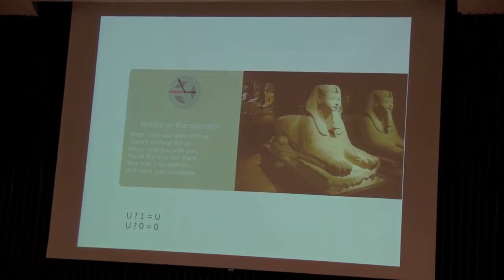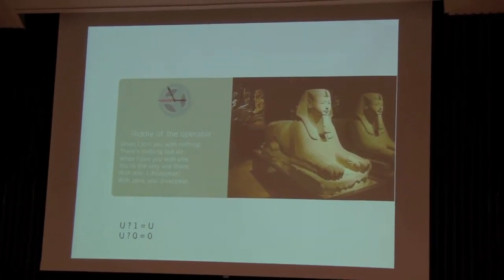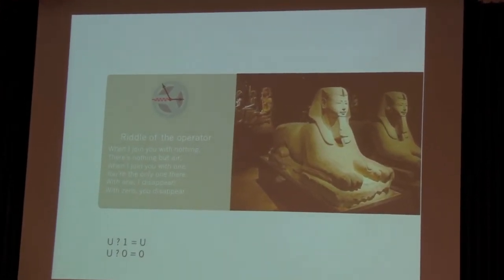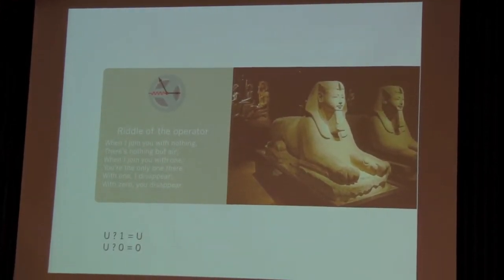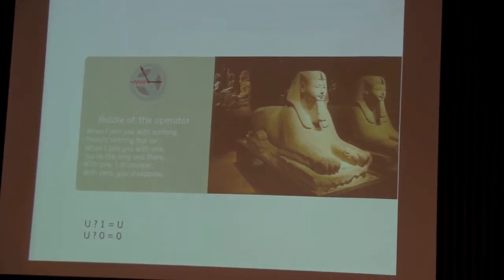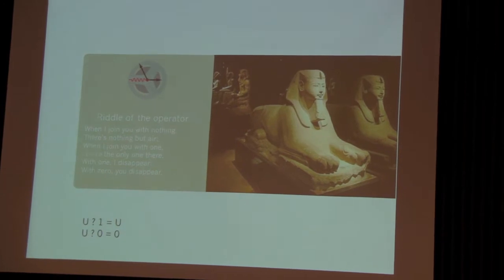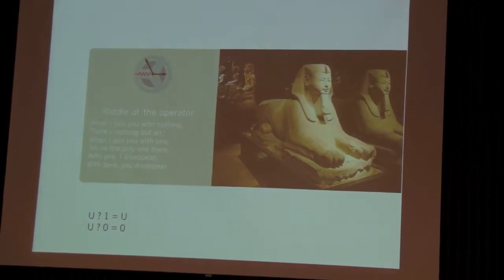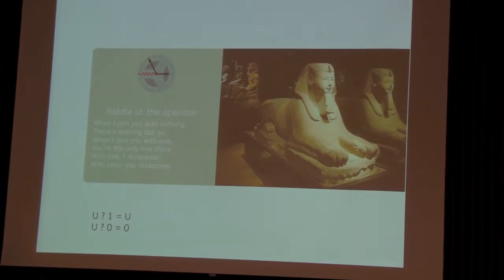So this is the riddle of the arithmetic operator. When I join with you, when I join you with nothing, there is nothing but air. When I join you with one, you're the only one there. With one, I disappear. With zero, you disappear. What else?